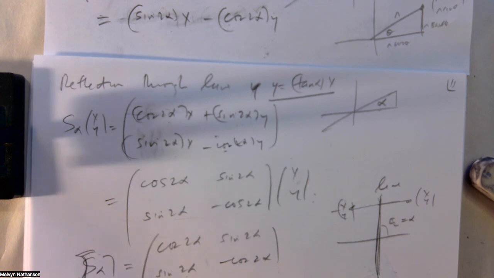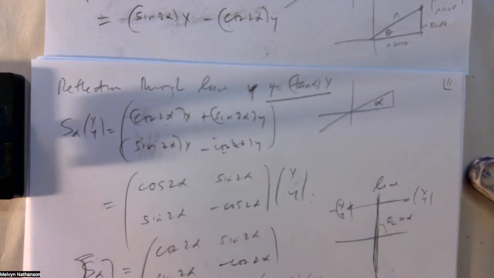So we know the answer, and let's just compute the matrix. What is the matrix for the angle pi over 2? This is cosine pi, sine pi, sine pi, minus cosine pi. This is minus 1, 0, 0, 1. If you apply this to the vector xy, you get, in fact, minus x, y. Exactly what we expect to get.